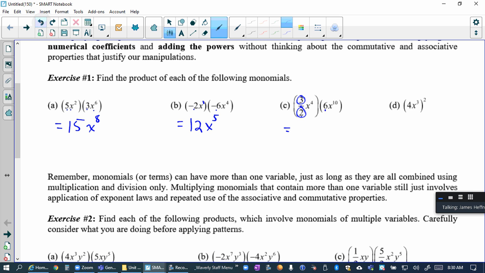What is 6 times 3? 18, divided by 2 is 9. Let's try it the other way. What's 6 divided by 2? 3. 3 times 3 is 9. Either way you do it. So the top number means multiply by it. So we get 9x to the what? 14, when we add those.